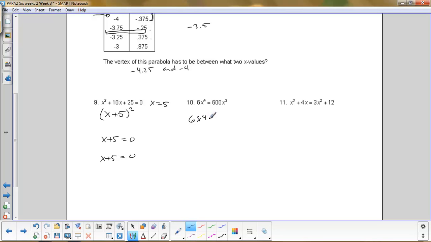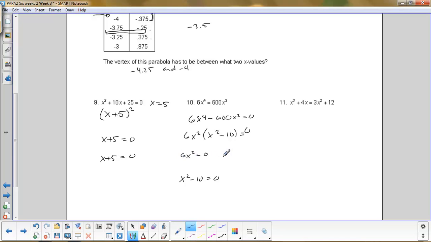6x to the 4th minus 600x squared equals 0. Take out your greatest common factor of 6x squared, and what's left is x squared minus 10. Set both equal to 0. 6x squared equals 0, and x squared minus 10 equals 0.